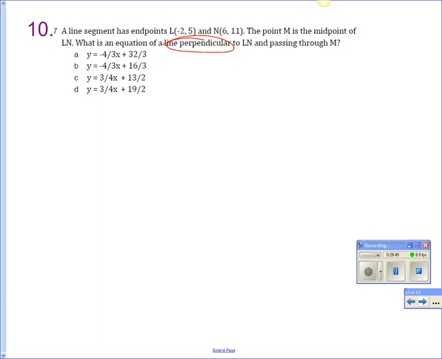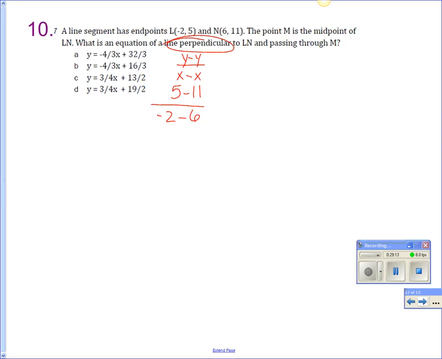Stephanie, what do I have to do for perpendicular? Okay, so I need to find the slope before I can do that. So slope is y minus y over x minus x. So 5 minus 11, -2 minus 6. You could do midpoint first, but you don't have to. You can do it in either order you want. Okay.